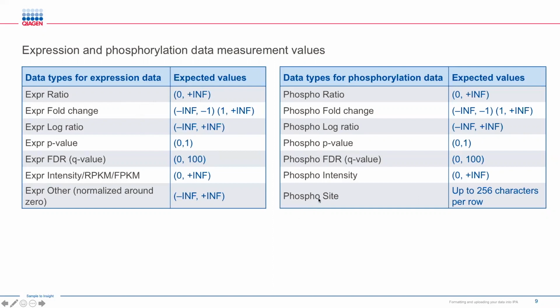You can have a phosphosite option, and that allows you to include the actual phosphorylated peptide sequence. You can include a residue number or any combination of different texts and numbers to describe that site. And then you also have the option to use data that doesn't fall into any of these categories, and you can just classify that as EXPR other, as long as you have it normalized around 0.